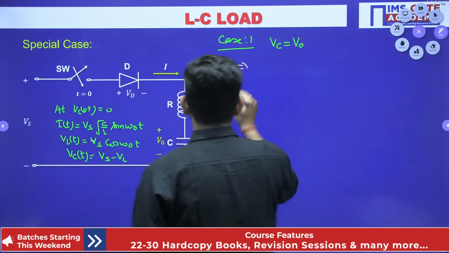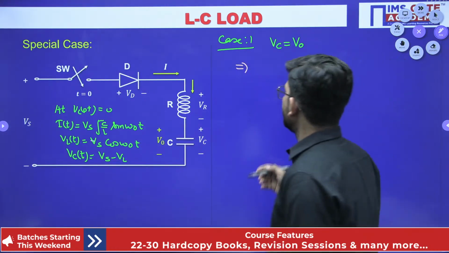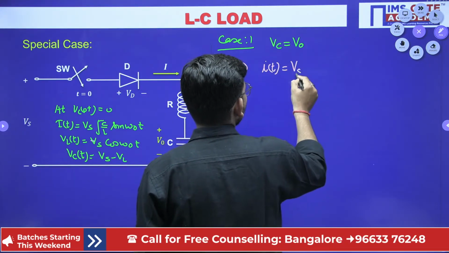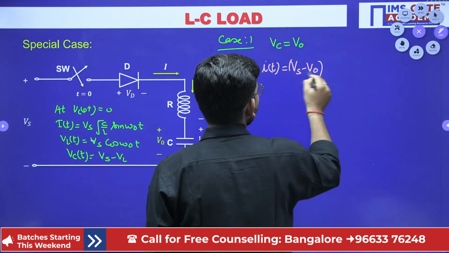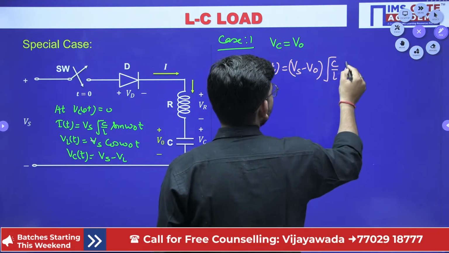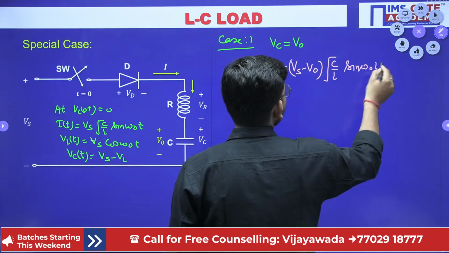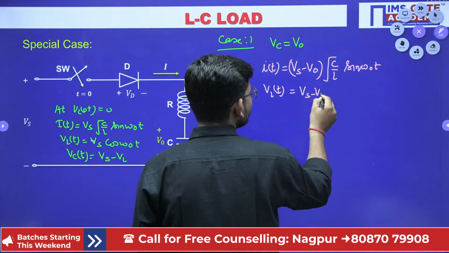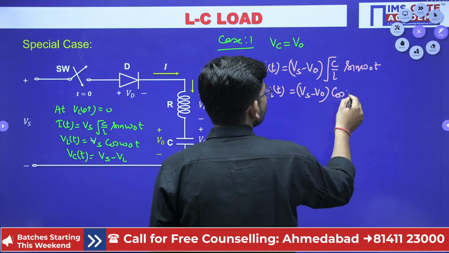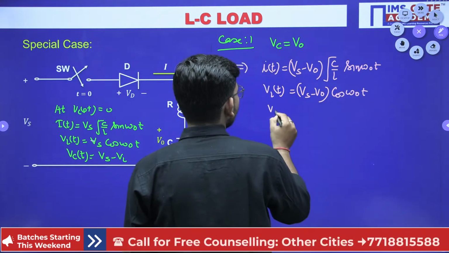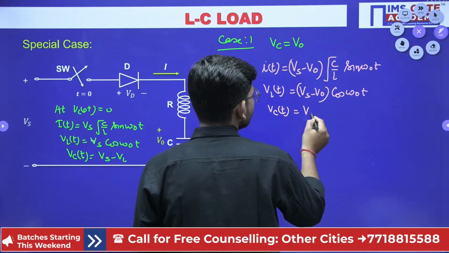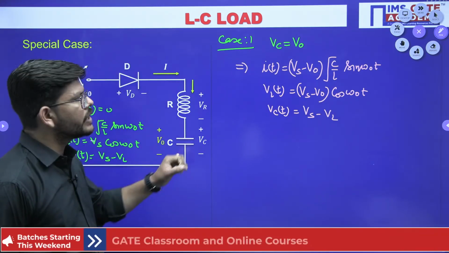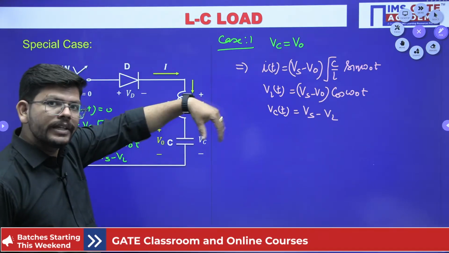If the capacitor is charged with some positive voltage, the current will become Vs minus V0 under root C by L sin omega naught t. The inductor voltage will become Vs minus V0 cos omega naught t, and you can calculate the capacitor voltage by Vs minus Vl. So if the capacitor is charged with positive voltage, instead of Vs you will write Vs minus V0.